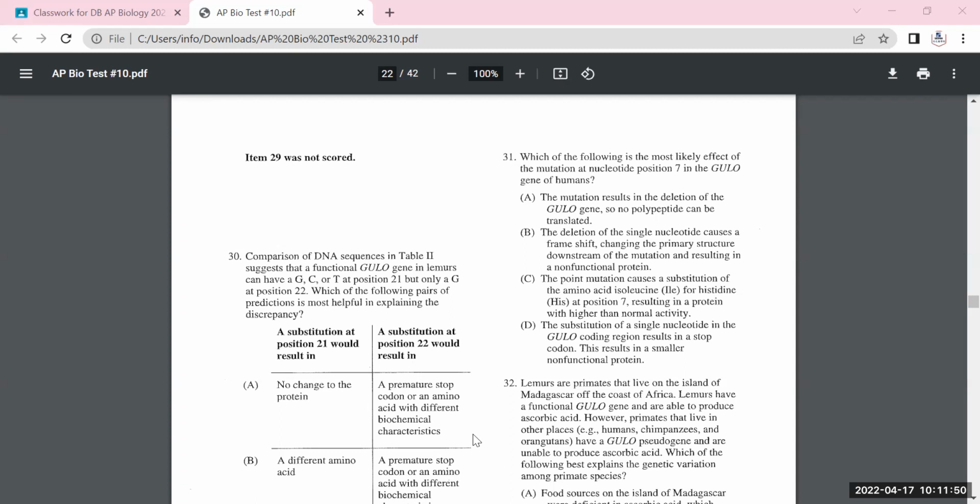Right, one mutation at 7 is not going to cause your whole gene to just be deleted. The deletion of the single nucleotide causes a frame shift, changing the primary structure downstream of the mutation and resulting in non-functional protein. Yes, very likely. Because what is a problem with point mutations such as insertion, deletion? It causes frame shift, right? So 31 must be.